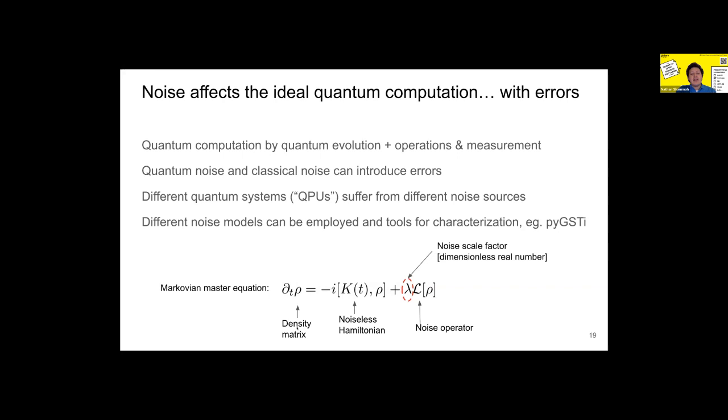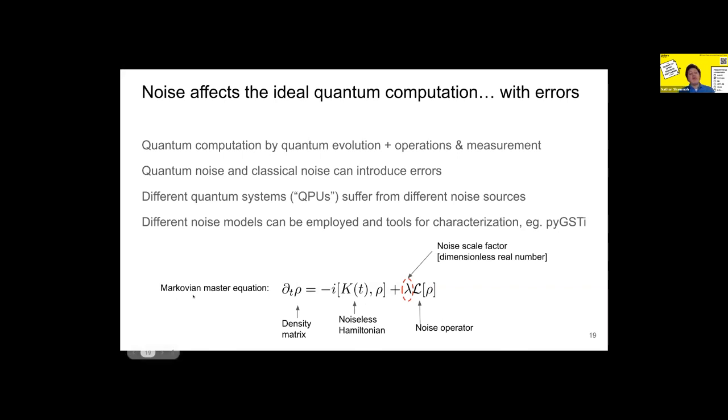And once again here, let me provide this von Neumann master equation. In this case, I'm adding a noise operator, mathematical style L, plus a lambda noise scale factor, which is dimensionless.